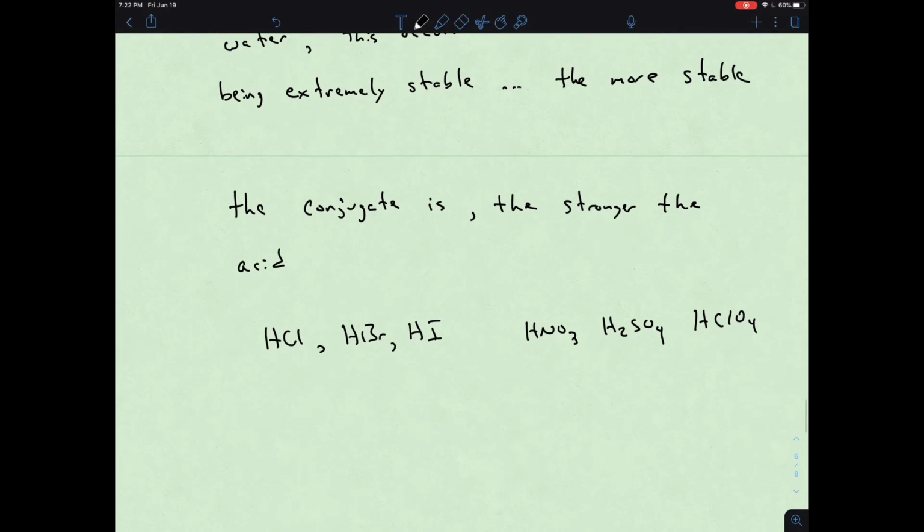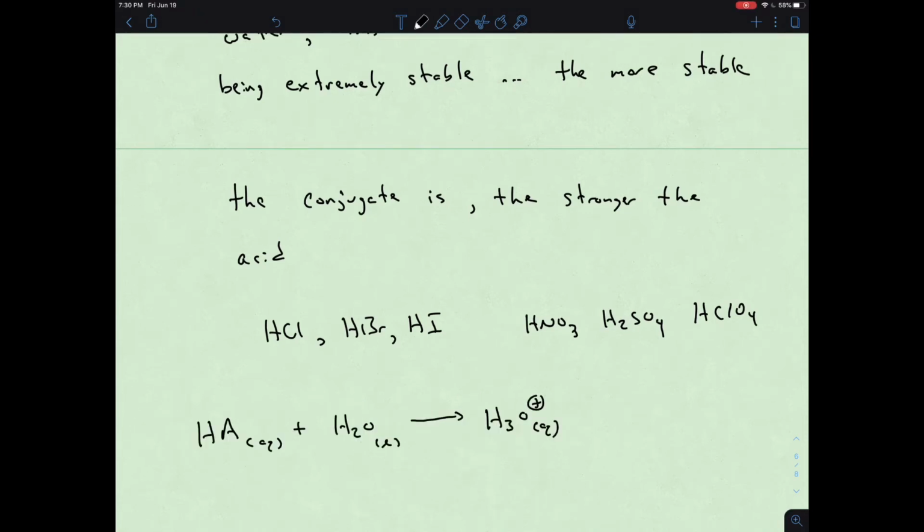And so with our general acid form here, really what we're seeing is a one-way process where we have complete dissociation.